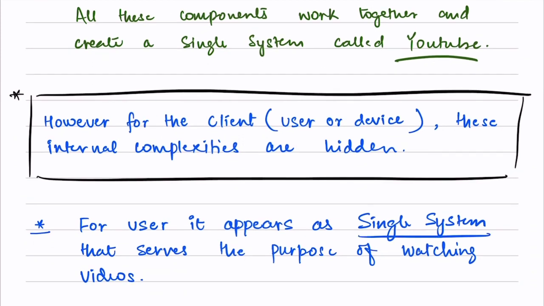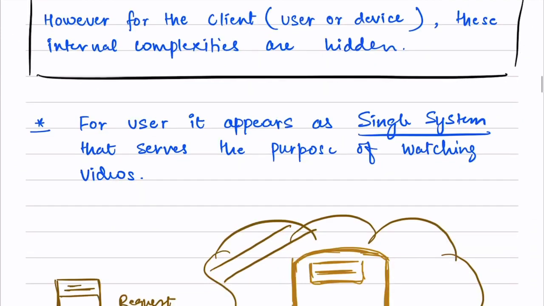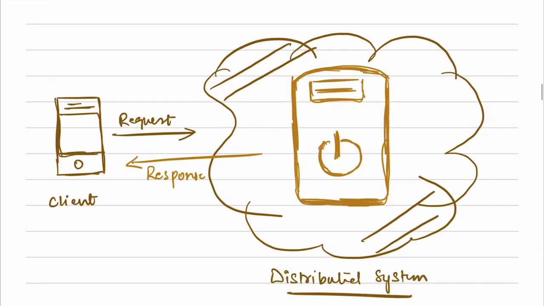You are not aware of what is going on behind the scenes, you as the user. But as a developer, since you are studying system design and will be preparing for interviews, obviously you need to know all those things. So let's see what a distributed system looks like. Let's suppose there is your client, and the client sends a request to this system.